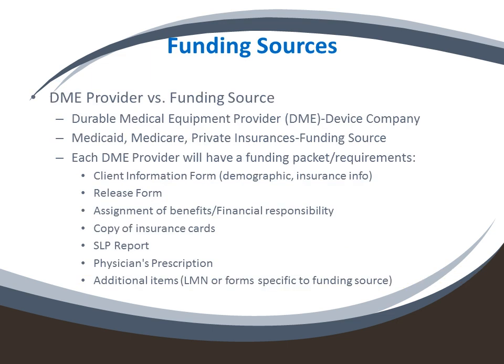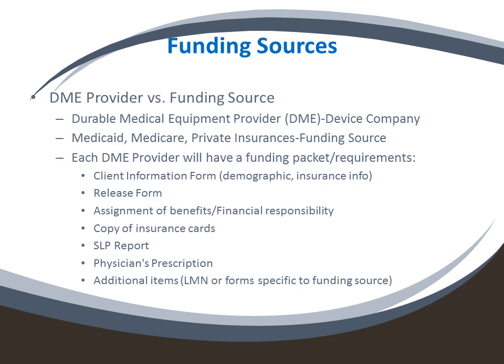So let's talk about funding sources. DME provider versus funding source. When I say DME provider, I'm talking about the durable medical equipment provider, so the device company. So if you're going with a new eye gaze with an accent device, that's PRC. AbleNet has an eye gaze device.